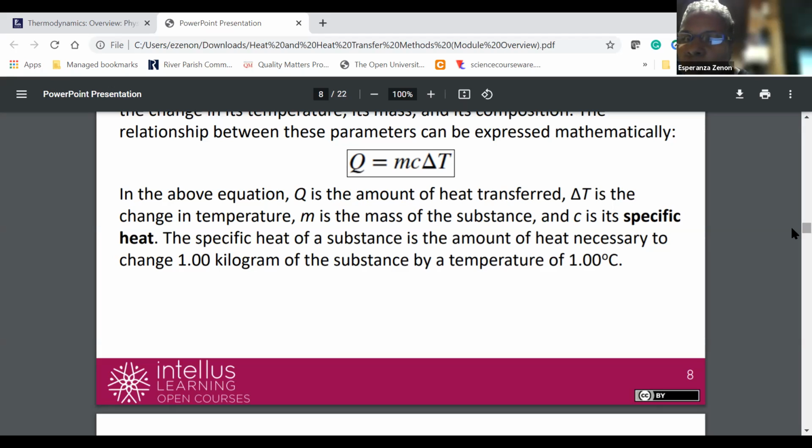And this is where that knowledge of temperature difference on the Celsius scale and temperature difference on the Kelvin scale becomes relevant, because remember, delta T is the same no matter if you use the Celsius scale or the Kelvin scale, because you're just looking at the magnitude of the difference between the starting temperature and the final temperature.